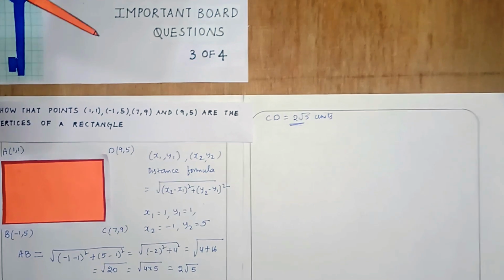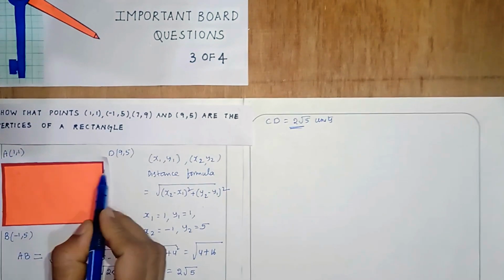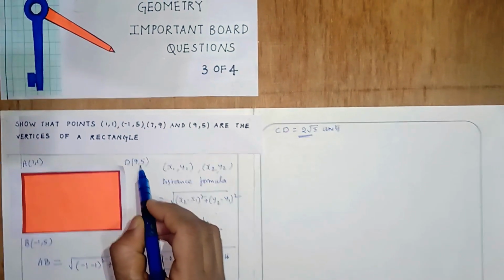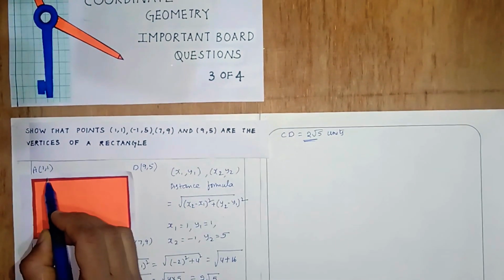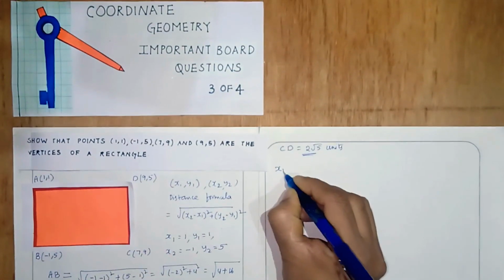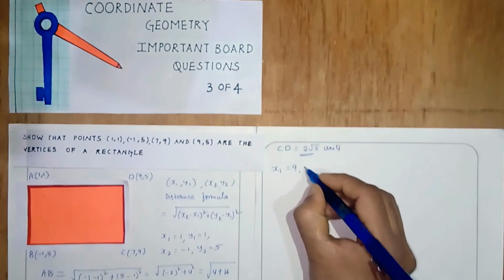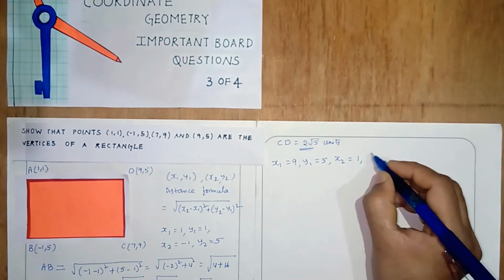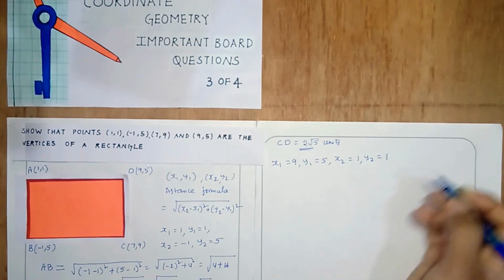Now, to find the length of DA, consider D as (x1, y1) and point A as (x2, y2), where x1 is 9, y1 equal to 5, x2 equal to 1, y2 equal to 1.